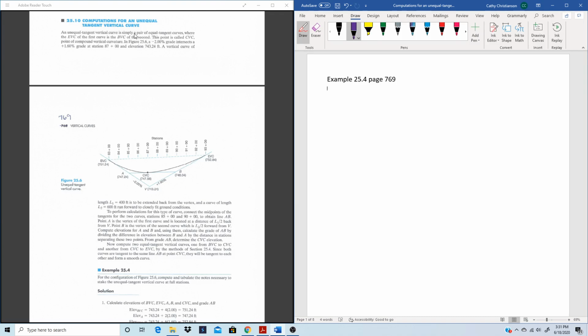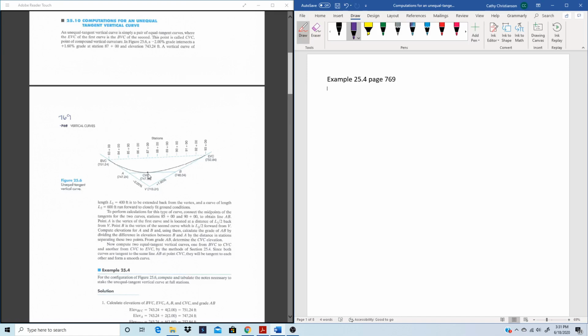So it just simply means that the end of the vertical curve for one curve, and this one right here is a 400-foot curve, so it means there's 4 stations, and the second one is a 600-foot vertical curve.